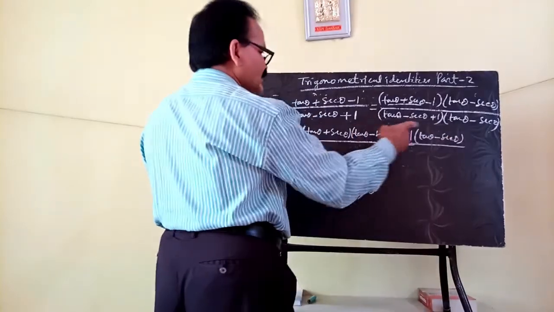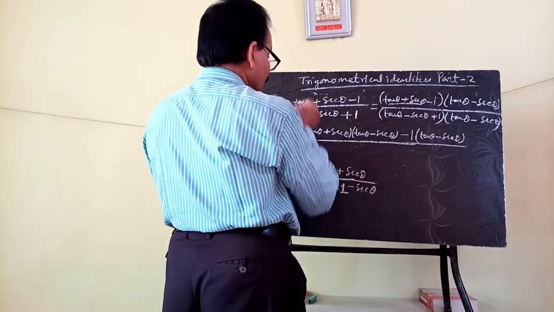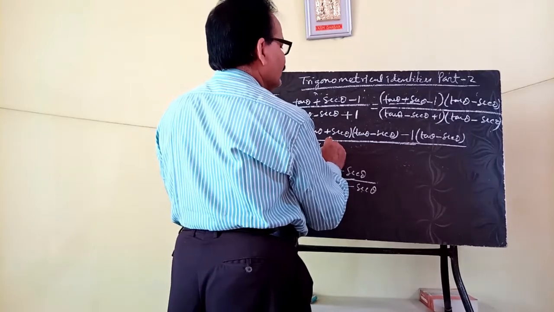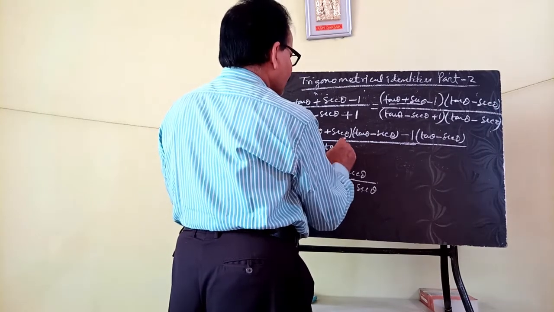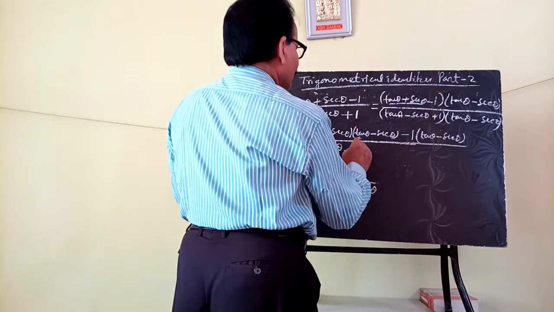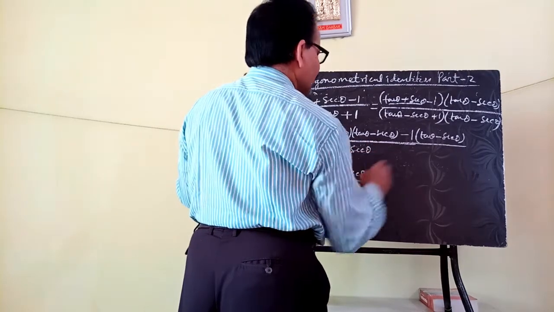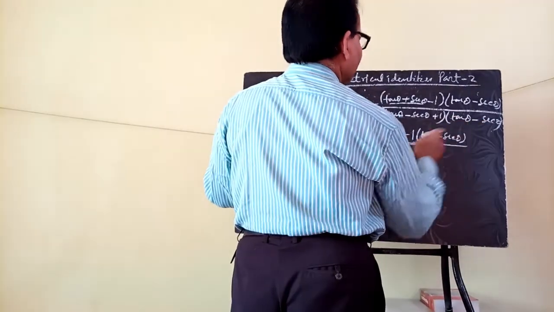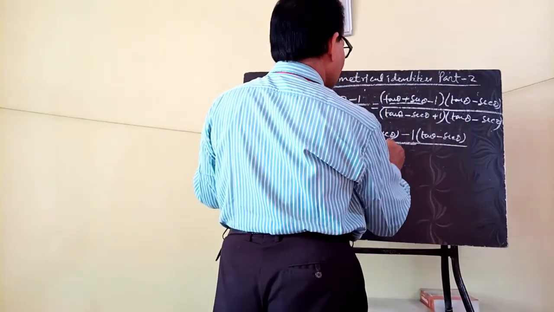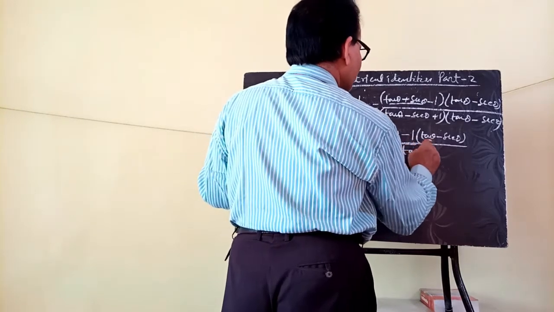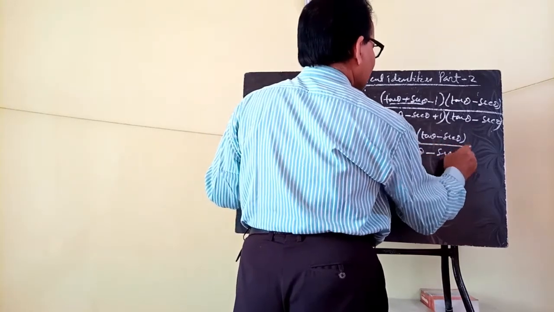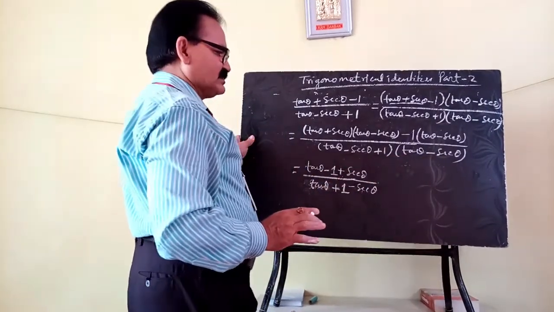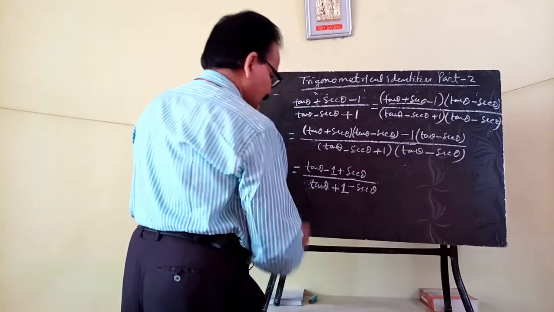Similarly in the denominator, it is tan theta minus sec theta, and plus 1 into tan theta minus sec theta. Clear? In the denominator I have not changed, but only the numerator I have expanded.